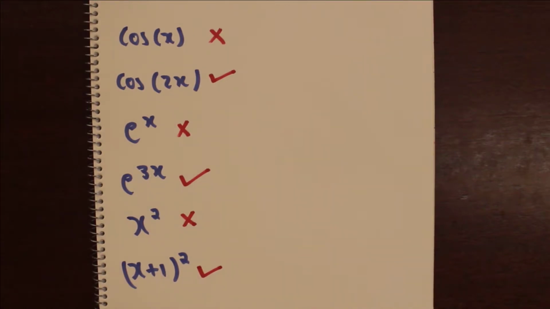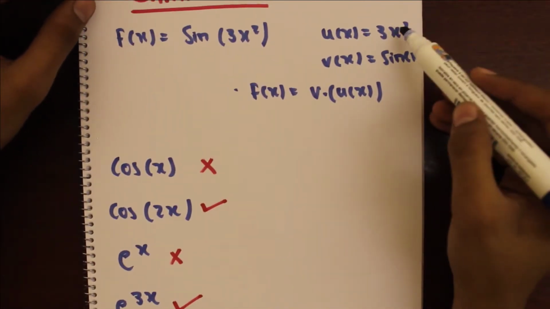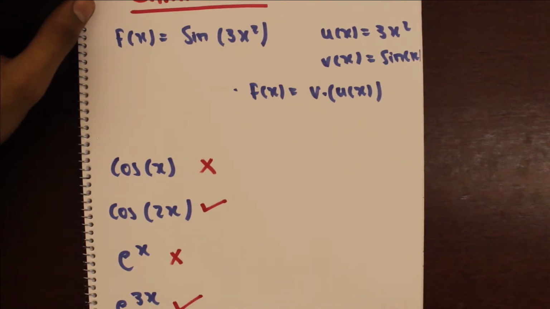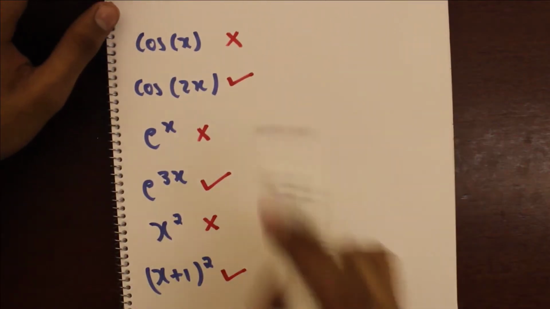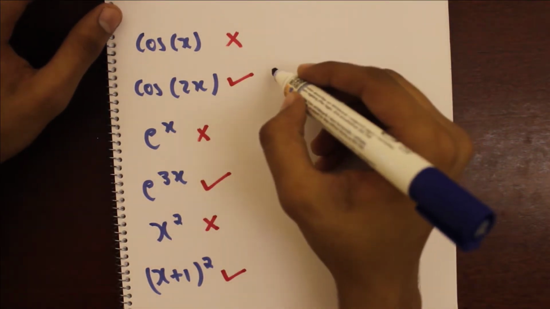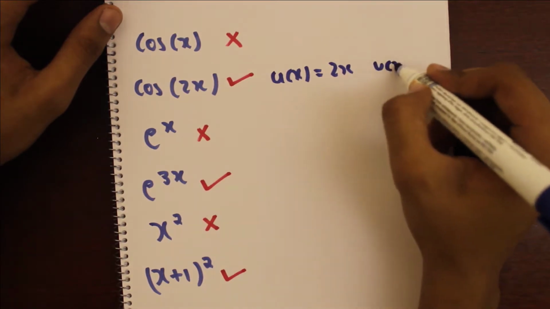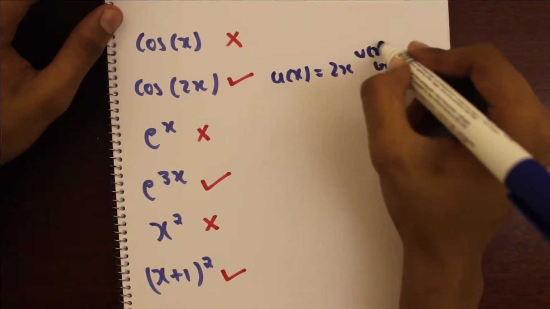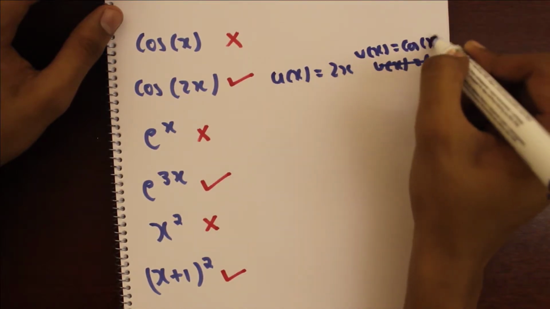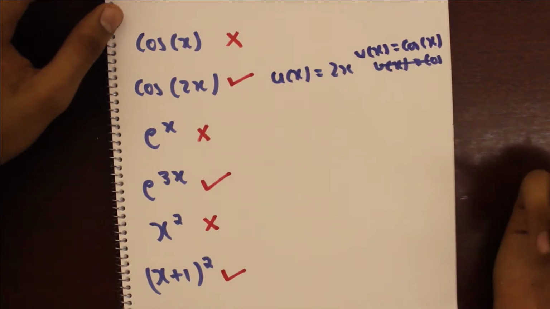And for those composite functions, let's see if we can determine the two functions that make up these composite functions, in other words, the u of x and the v of x. In this case, u of x could be equal to 2x, and v of x could be equal to cos x, and v of u of x should be equal to cos 2x.